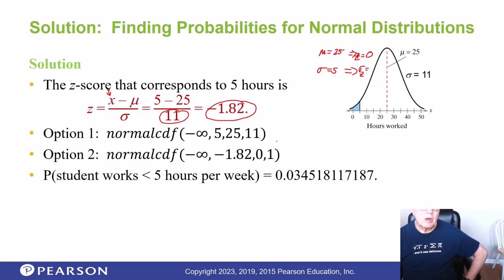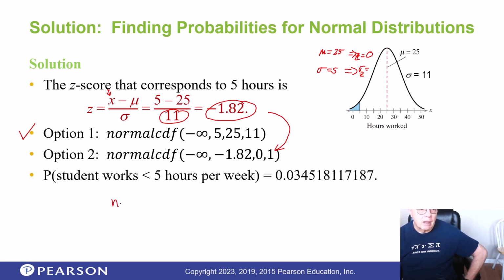So if we want to, we can actually put it in this way using z-scores. However, we don't really need to. That's using old technology. We're a lot more futuristic than that. So we're going to use this one.